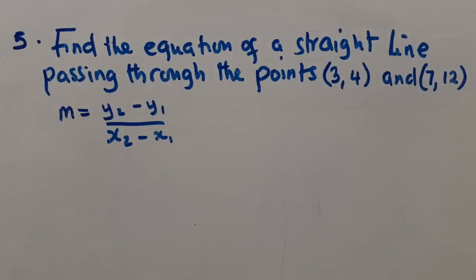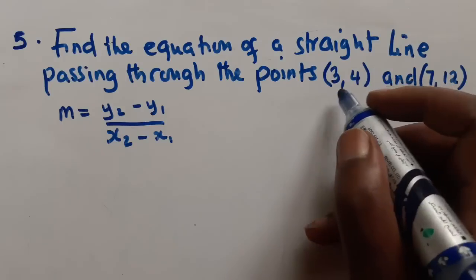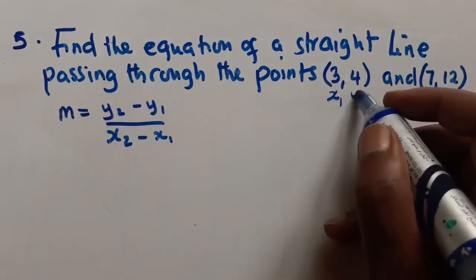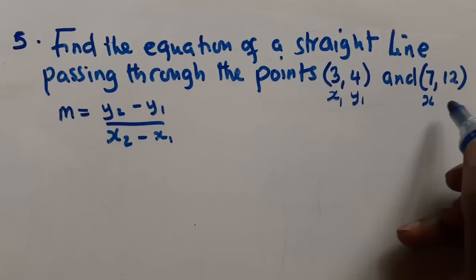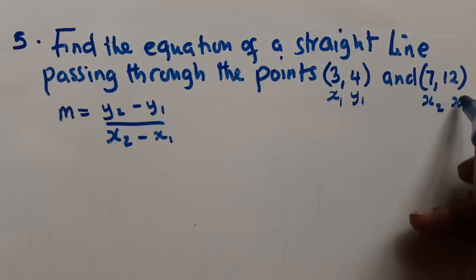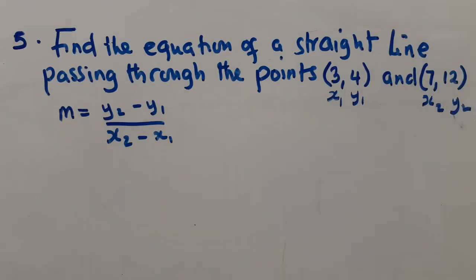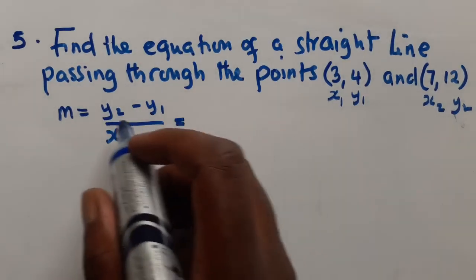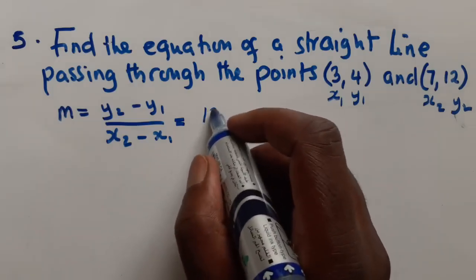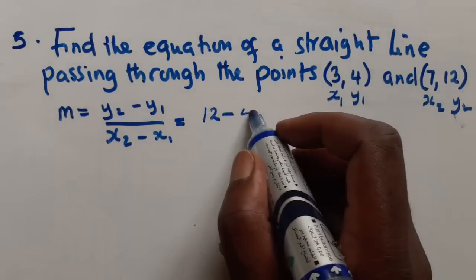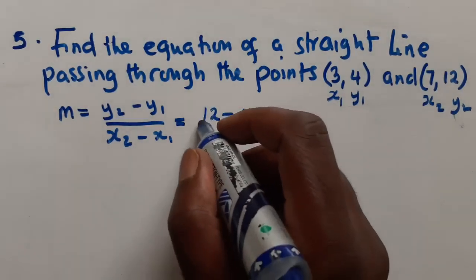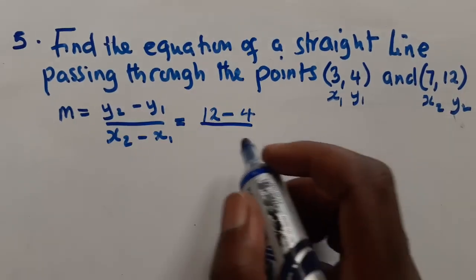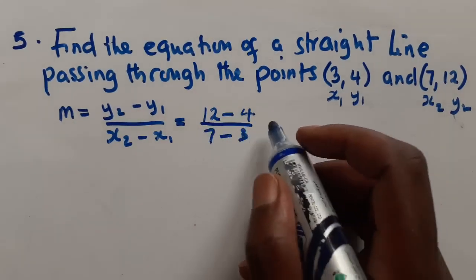We always use this formula when we want to find the gradient. All right? So we can pick this point here. We call this one x1, y1, this x2, and this one, this must be y2. Then we feed these coordinates in the formula. So we're going to have our y2, which is 12, minus our y1, which is 4, over 7 minus 3.